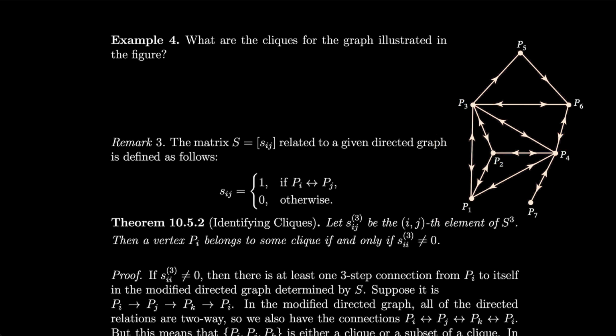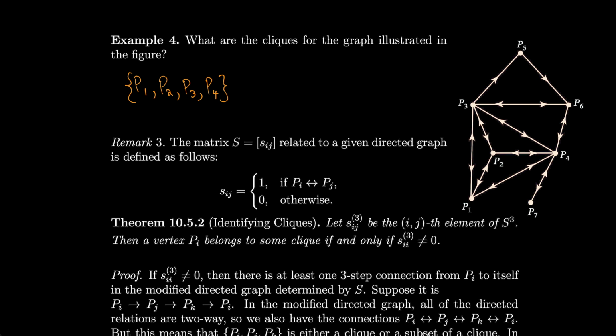So let's write that out. P1, P2, P3, and P4. That's a clique. We can't throw in P5 because it doesn't go back to P3. We can't throw in P6 because it doesn't connect to the other members of the clique, and same reason for P7.